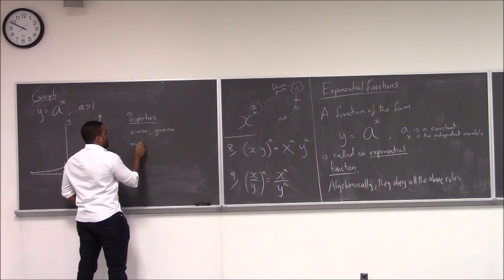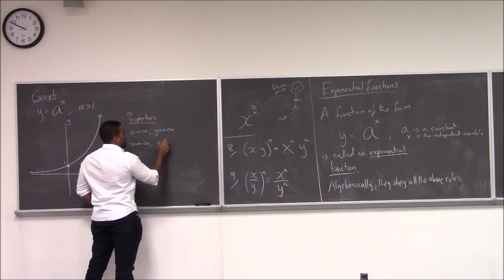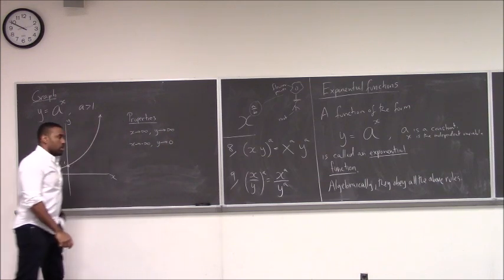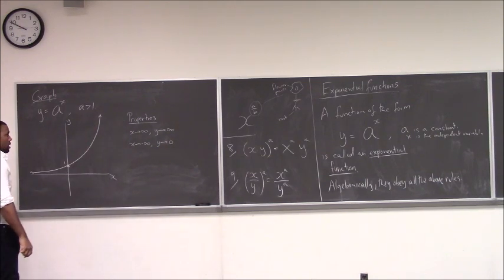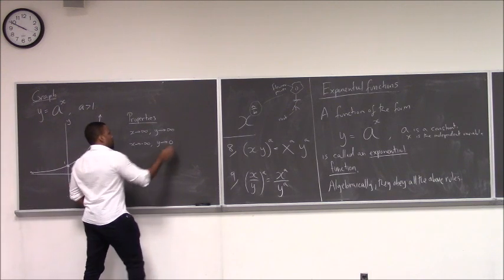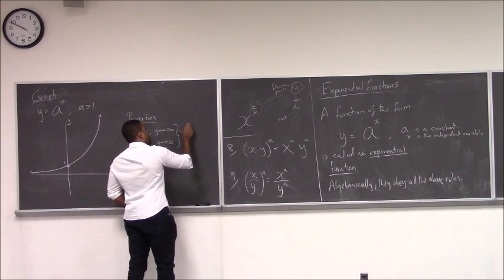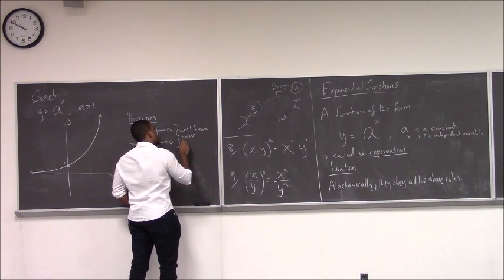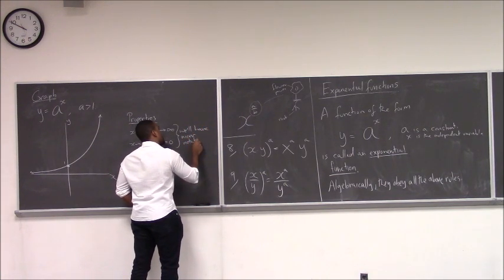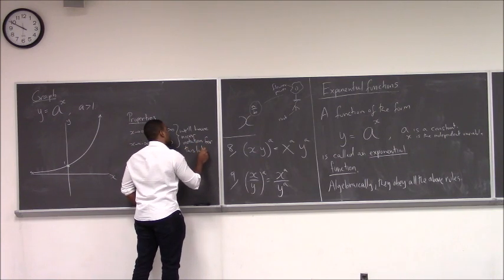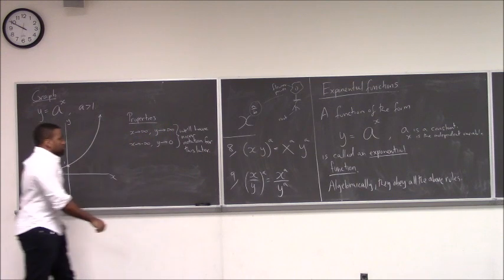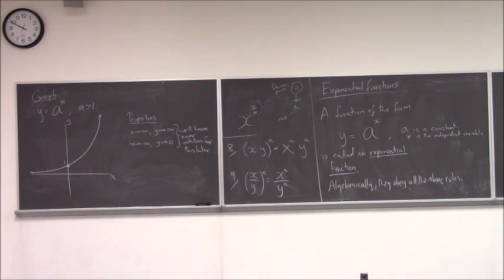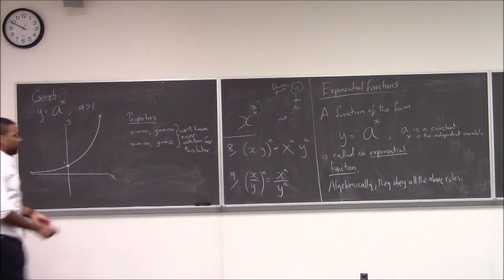As your x approaches negative infinity, your function will approach the number 0, getting closer to that. We'll have a nicer notation for this later. But that's what an exponential function would look like.